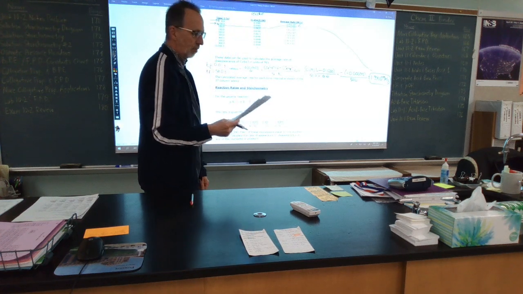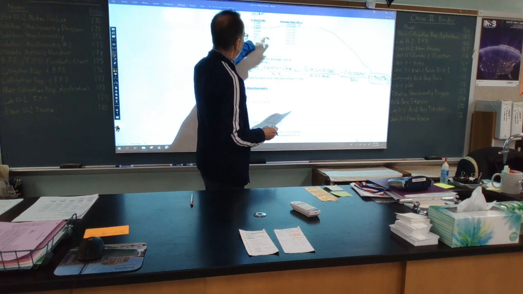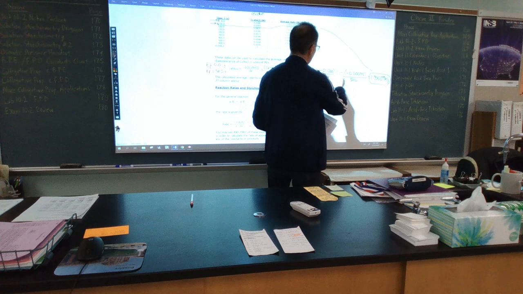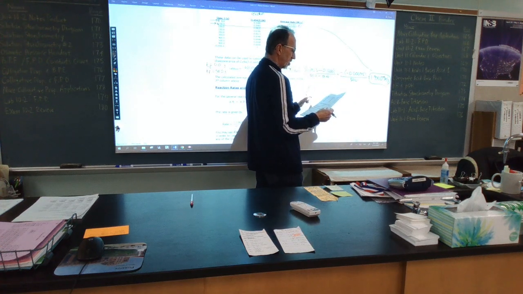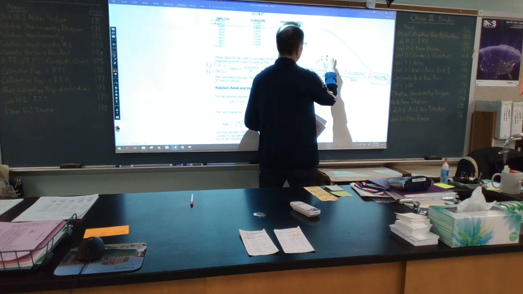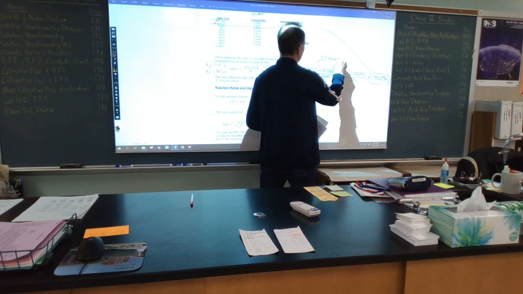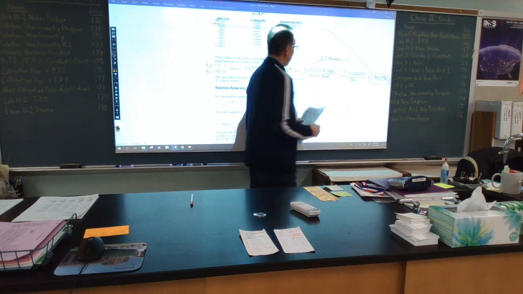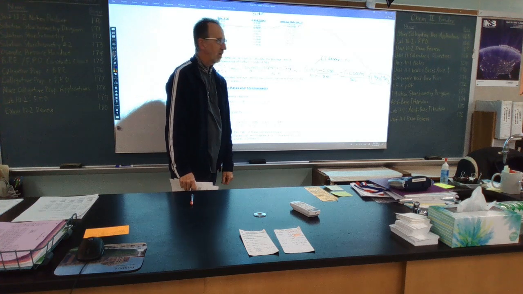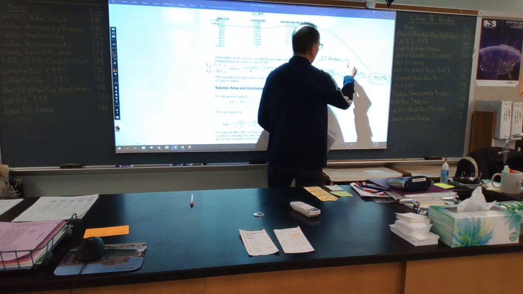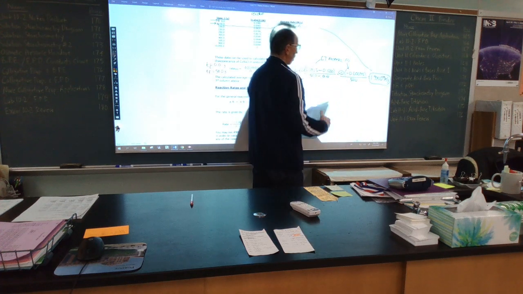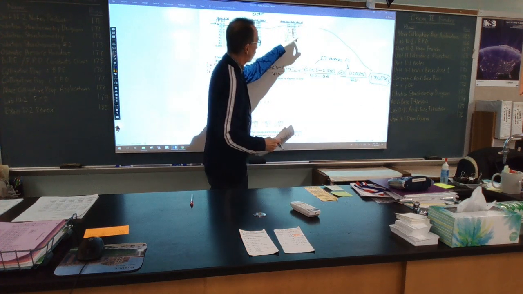Okay. Now things to know. First of all, the concentration actually decreases, but again, we use the negative sign so that our rate is an absolute value, which then gives us a positive value for our rate.